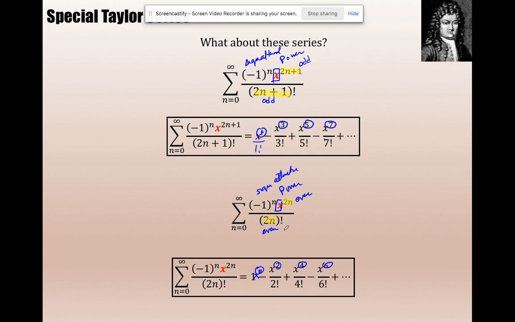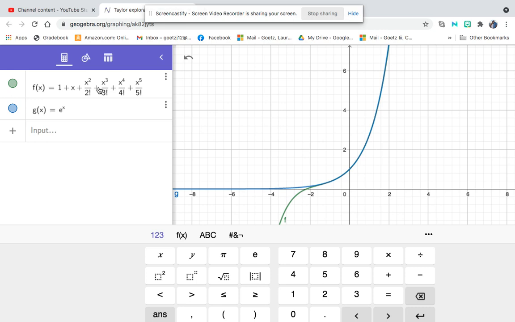Hey, let's go back. Let's graph some of these terms and see, I wonder if this graph converges to e to the x. Hint, it's not going to. We already know what infinite polynomial series converges to e to the x. I'm going to leave e to the x up there, but I'm going to put in, remember what the first term was?